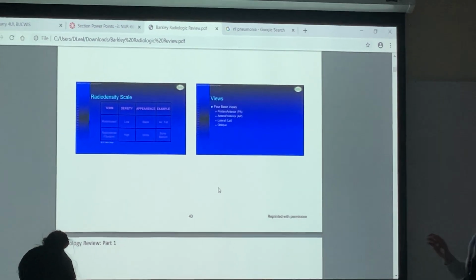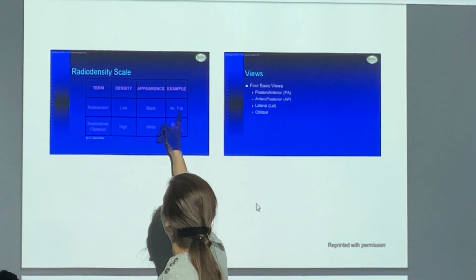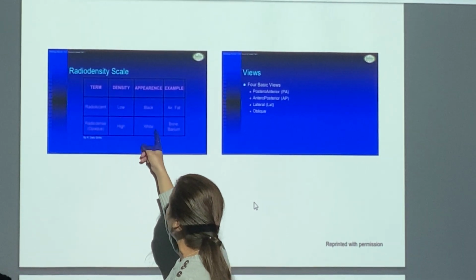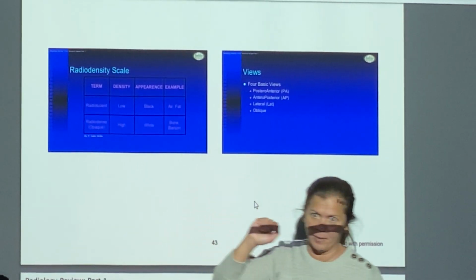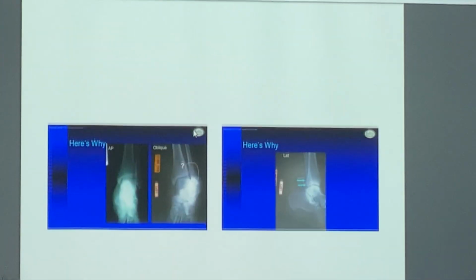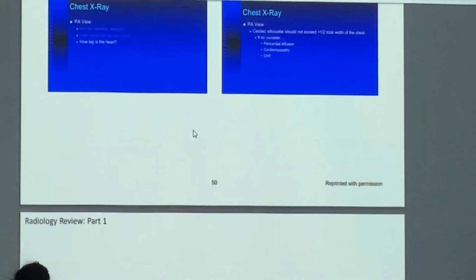So again, low density is black: air and fat, for example. Radiopaque, which is high density, will be white. Examples are bone and barium. But he doesn't have the fluid, and the fluid is really white.